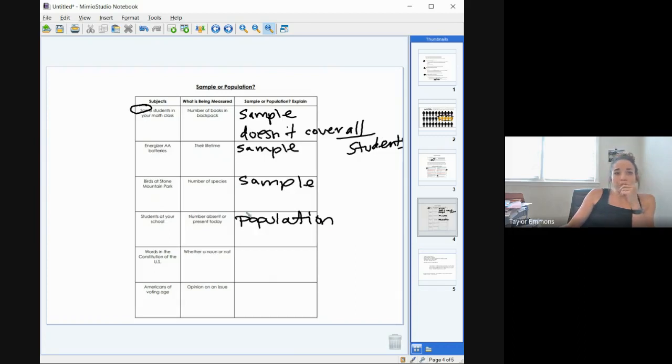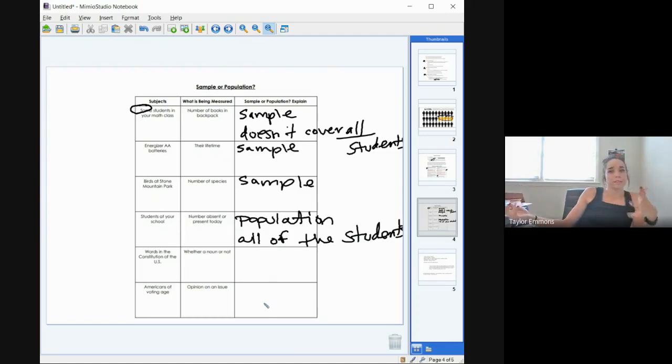It's the whole school, right? So it's the population at the school, so all of the students. And it's kind of like when we take attendance every single day, we are saying, hey, these are the number of kids who are actually present at school today. That's a population, right?